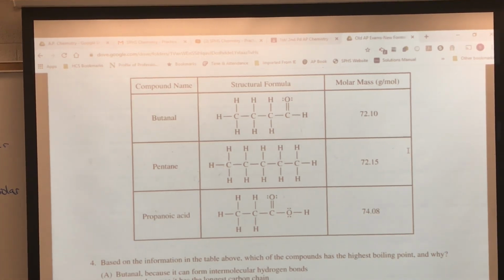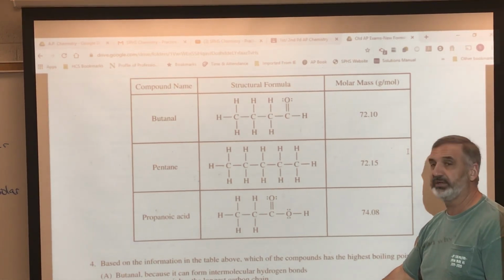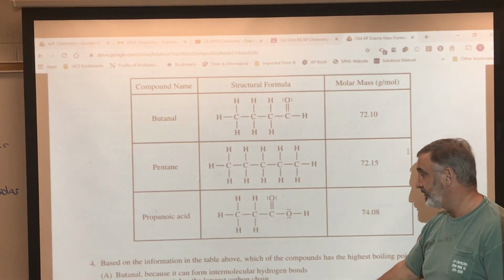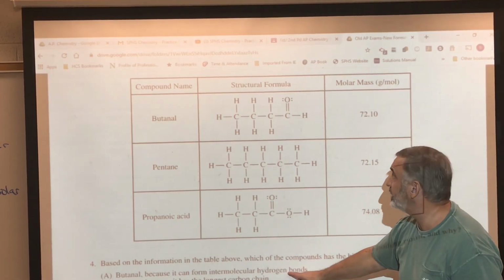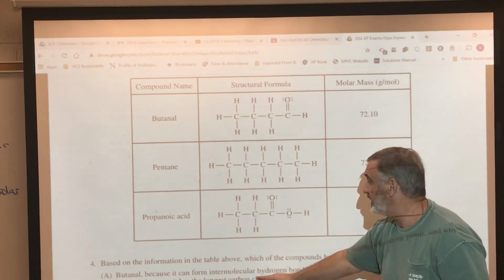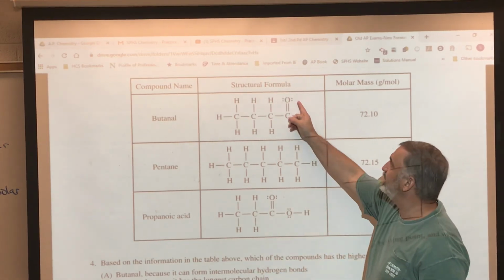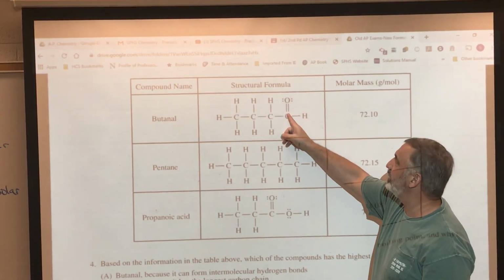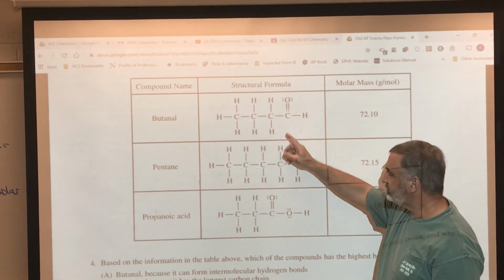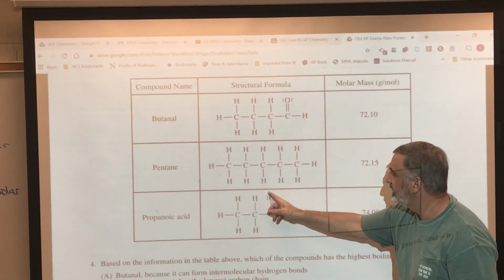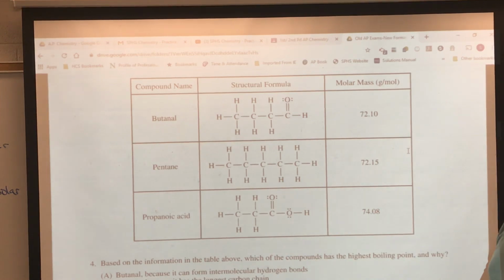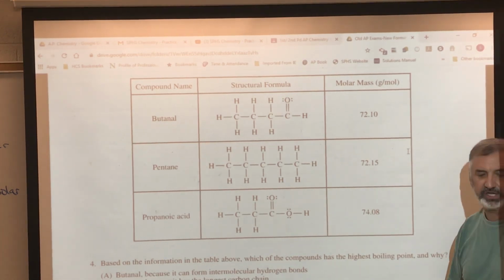So propanoic acid, because it can form intermolecular hydrogen bonds. Notice here, butanol. They're saying no, it doesn't have the OH. They're not giving credit for a hydrogen bond on that one. It's going to be this one because it can form the hydrogen bond. So we need to know that.